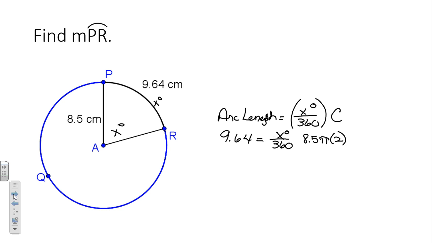Okay, so that is 17 pi times x over 360 is 9.64, so 53.4 times x over 360 is our 9.64.